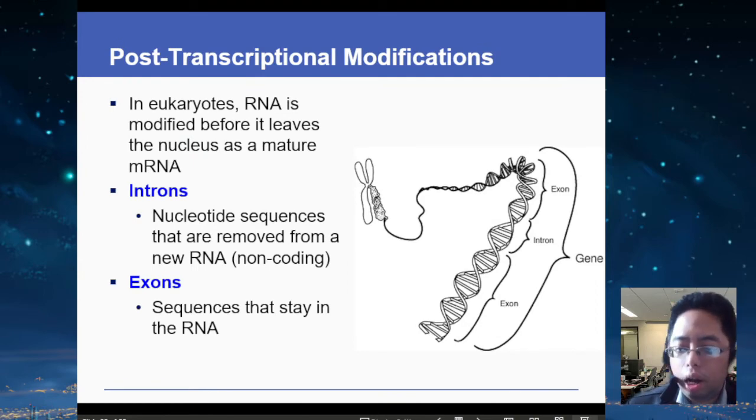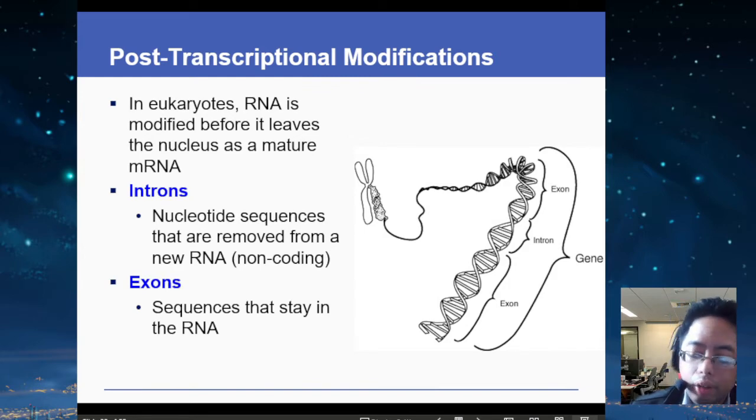After transcription, RNA will be modified before it leaves the nucleus as a mature mRNA. There might be some useless parts of the RNA that are not important to make protein. For example, you have something called intron and exon. Introns are the gaps that do not code for any protein.